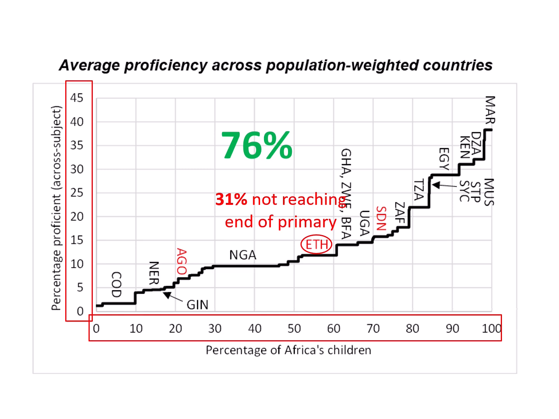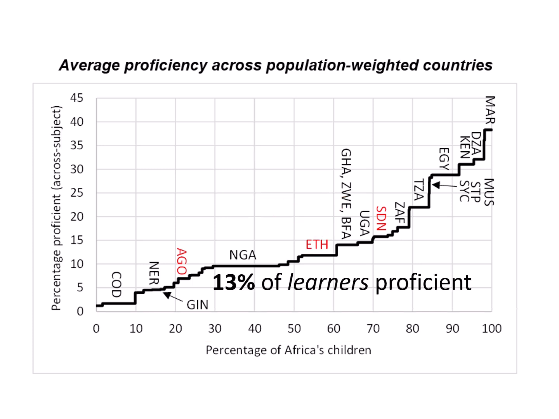To provide a couple more numbers, if one counts only learners in schools, then 13% across all of Africa are proficient. And if we count all children, assuming those not reaching the end of primary do not achieve end of primary proficiency, then the figure drops to 11%.